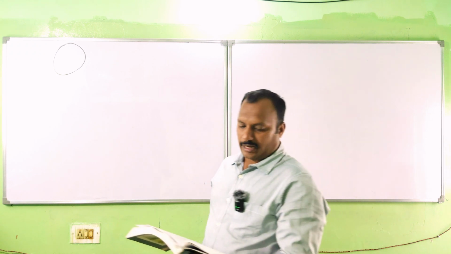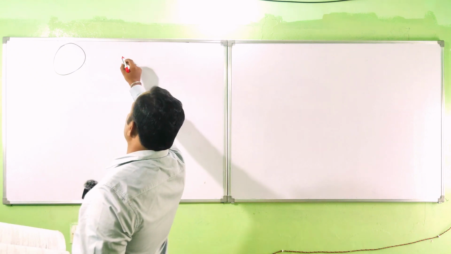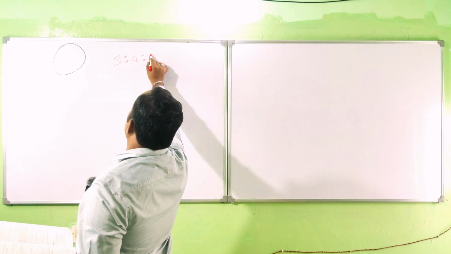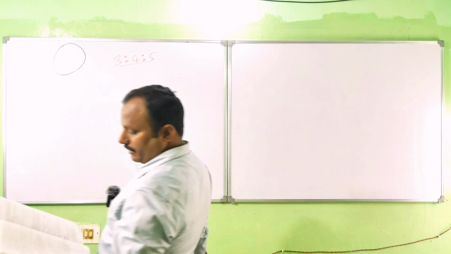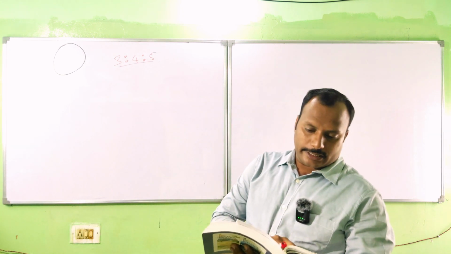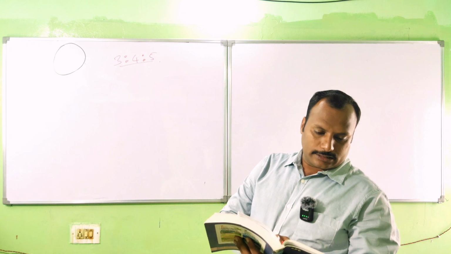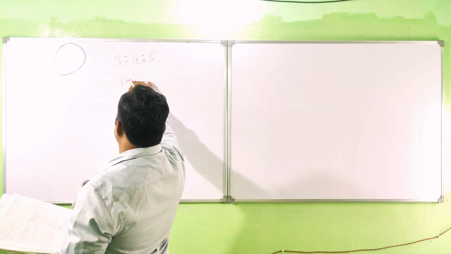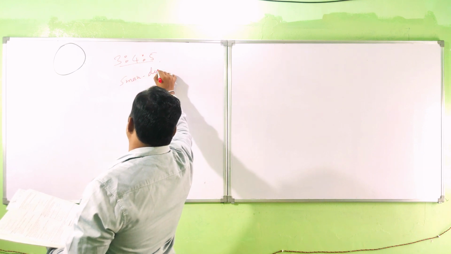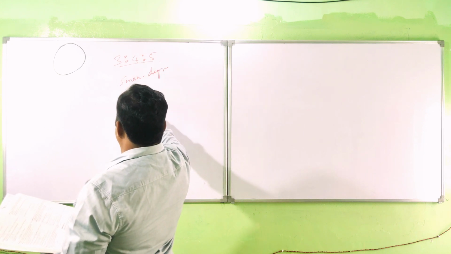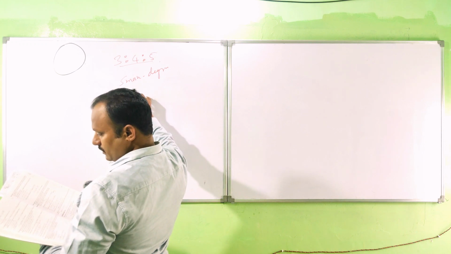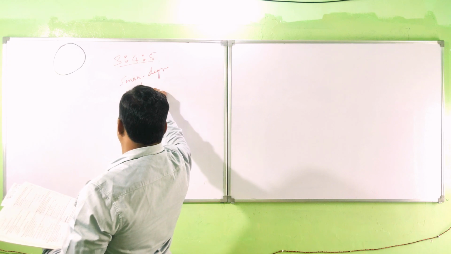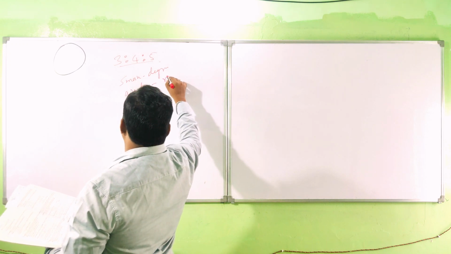The angles of the triangle are in the ratio 3:4:5. Find the smallest angle in degree and the greatest angle in radian.